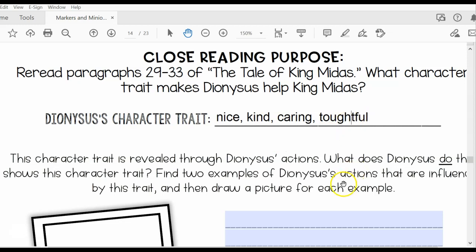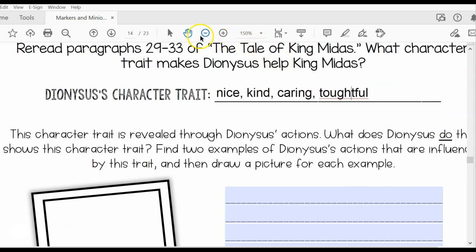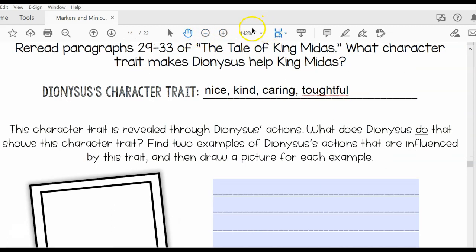Okay. So, but here it says, this character trait is revealed through Dionysus' actions. What does Dionysus do? So let's pick one of these. And that should be a letter H like that. He could be thoughtful.